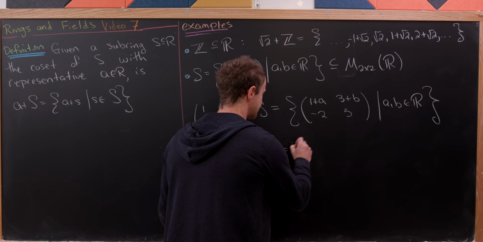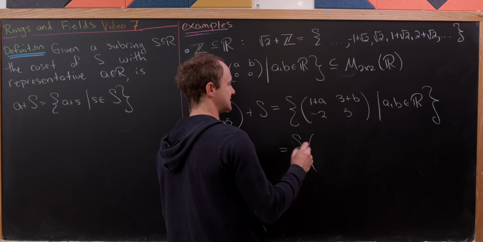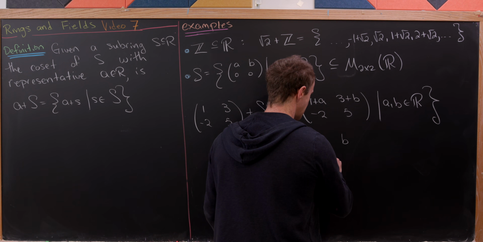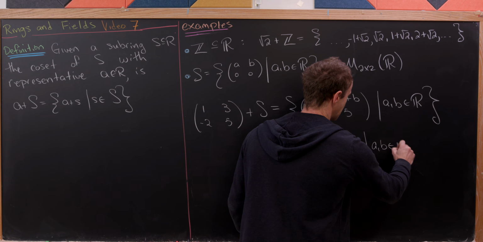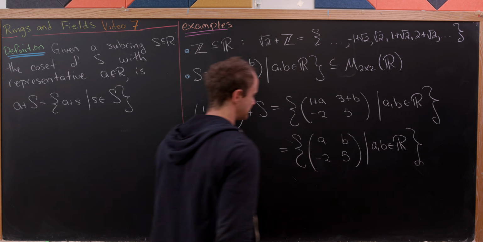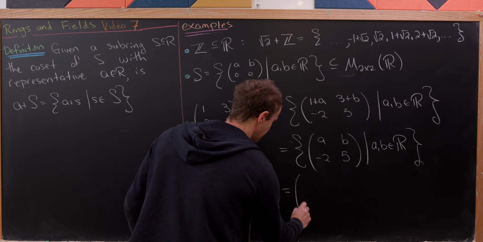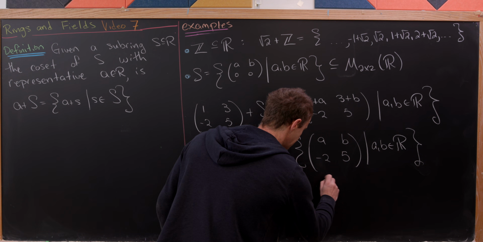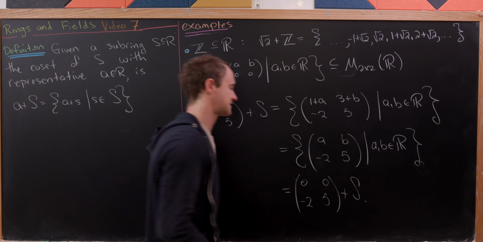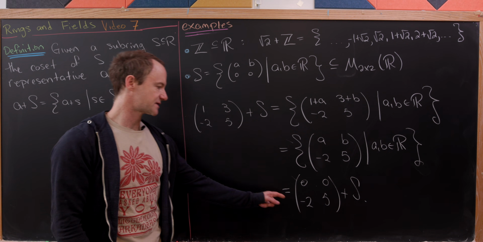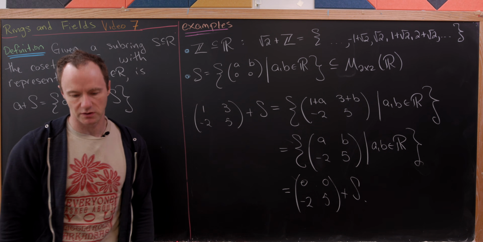So this is going to be the same set as the set containing the matrix a, b, negative 2, 5, as a and b range through all real numbers. But I think it's pretty clear that that's going to be the same as the coset 0, 0, negative 2, 5 plus S. So there we've got 2 representatives for the same coset.